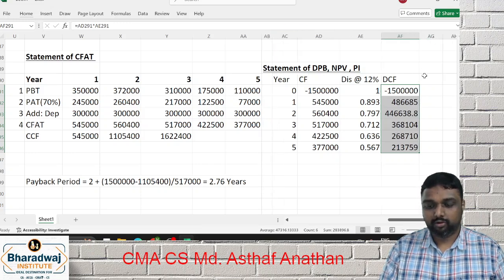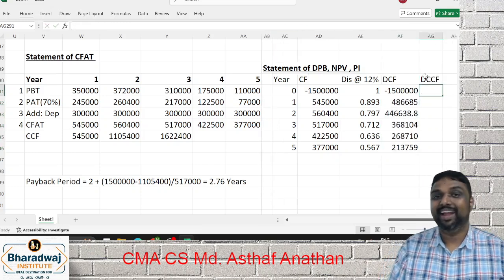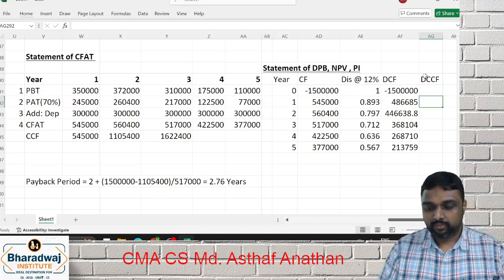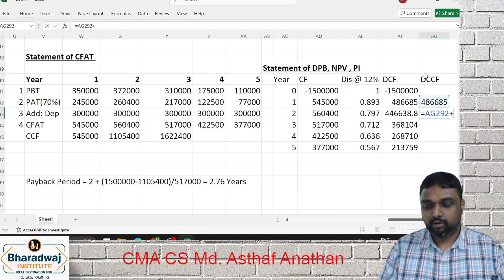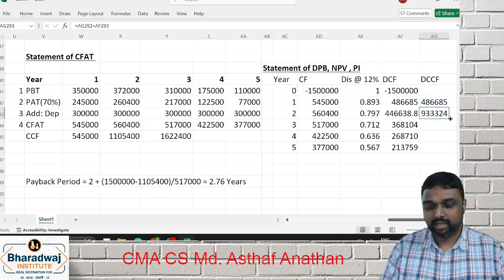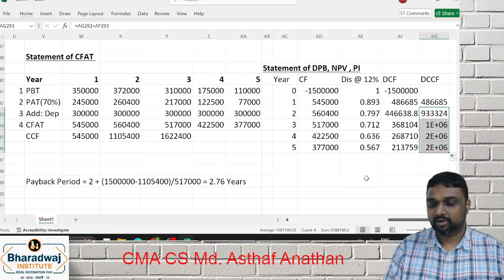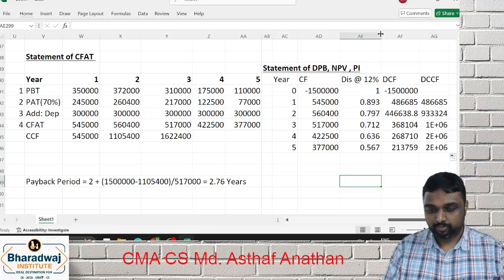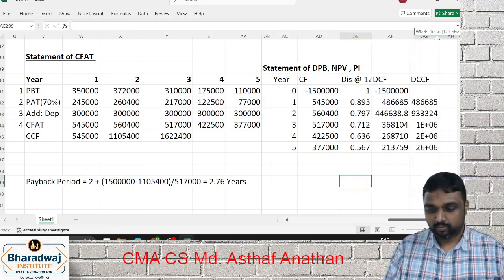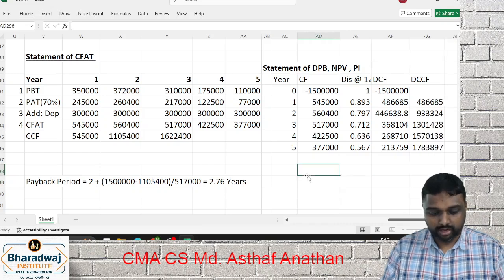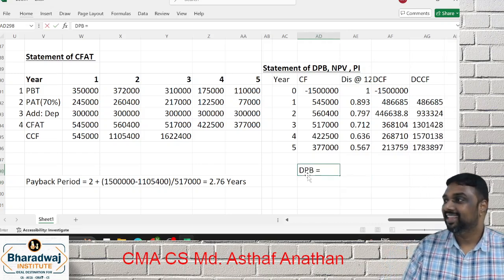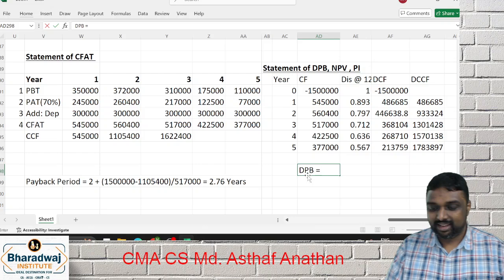Now you can go for discounted cumulative cash flow. Correct? Since I am using Excel, just scroll down. So how will you get discounted payback? Can you please tell me what is the answer?